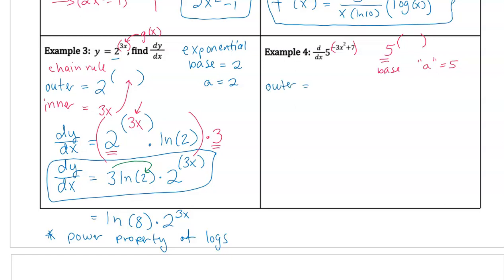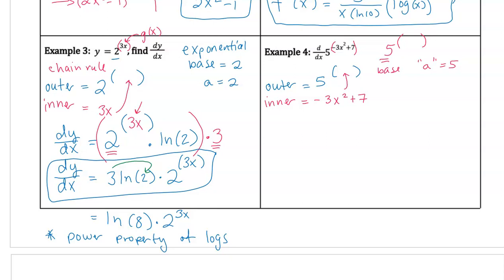So my outer layer is 5 to a power. My inner layer is that quadratic function inside, the negative 3x squared plus 7. That function has been plugged into the exponent, so it's the inside of 5 to a power.